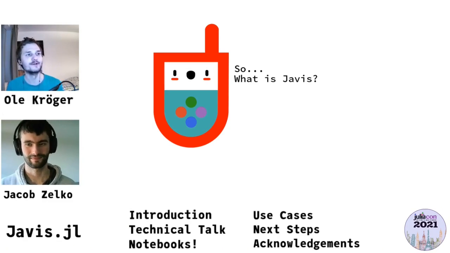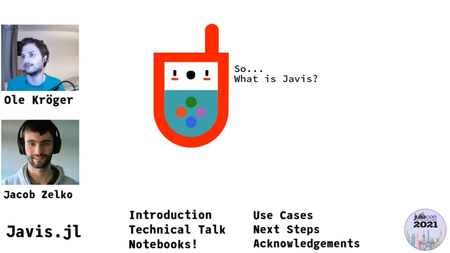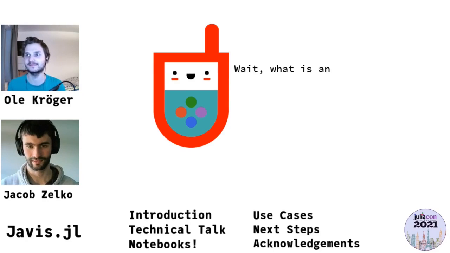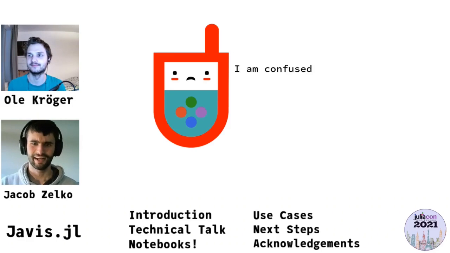Yeah, sure. I want to explain what Javis is to you. So Javis is an animation engine, and you can just use it to animate whatever you want with objects and actions. Alright, so maybe let's start with the basics.